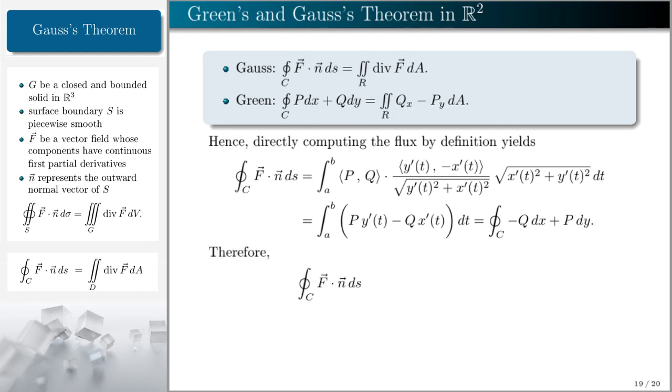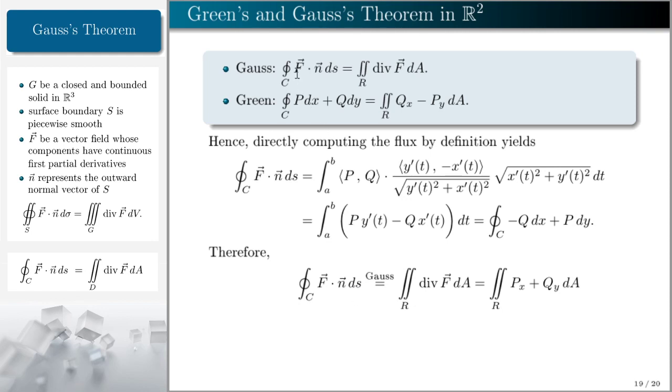And thus, for this form, if I apply Gauss's theorem, it will become the double integral of the divergence of F over the region R, and that will just be P_x plus Q_y over the region R.